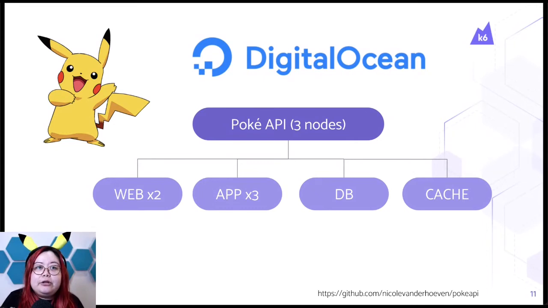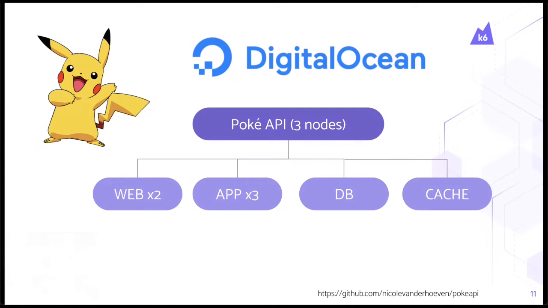Then I put the application on a Kubernetes cluster, which is managed by DigitalOcean. I set it up so that it consists of 3 physical nodes. It consists of 2 web pods, 3 app pods, a pod for the database, and 1 for the cache. I also added replicas to improve availability and performance.